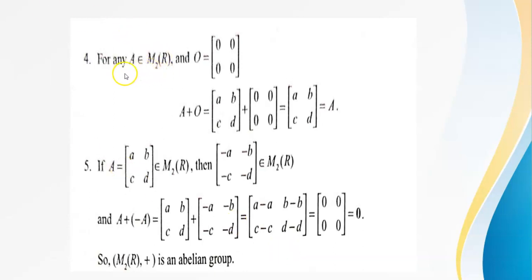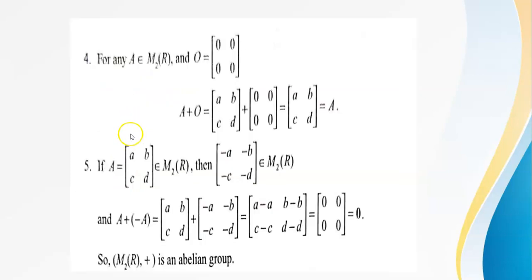Next, identity. For any A belongs to M2(R), we take the zero matrix 0 equal to [0, 0; 0, 0]. Then we add A plus 0, and again we are getting the same matrix A. Then identity exists.